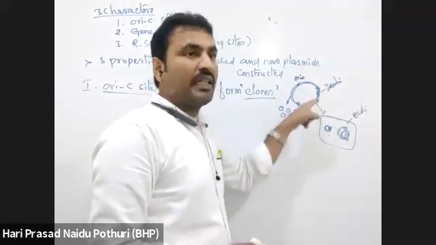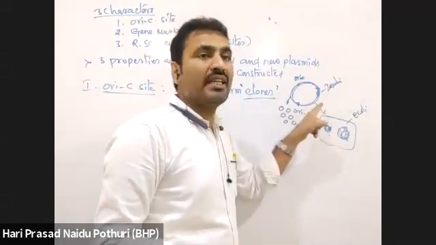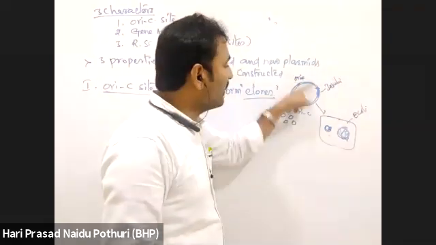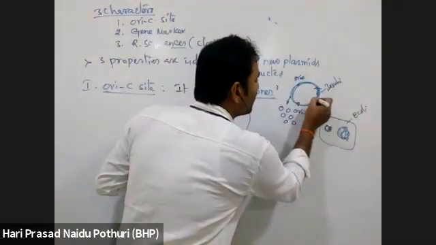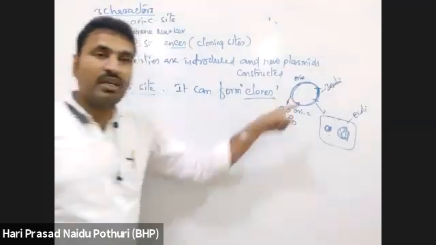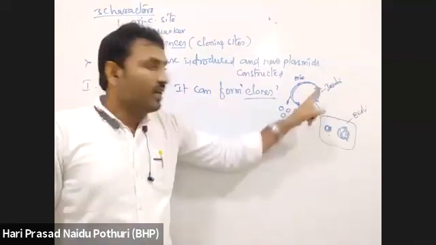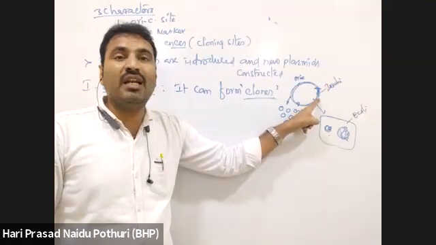The plasmid is replicating, so it can replicate into multiple copies. While it is undergoing replication, that can replicate this part of the plasmid also, because that desired gene is now a part of the plasmid. The desired gene was inserted in the middle of the plasmid.